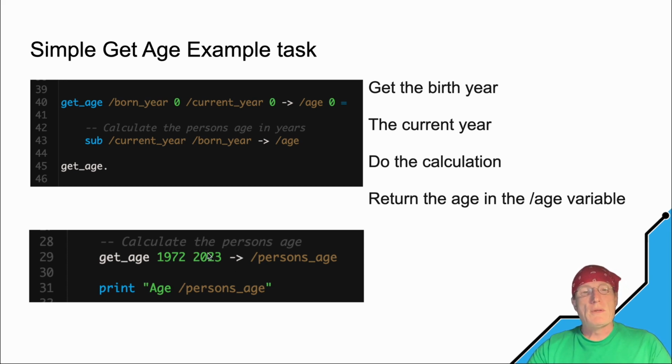We are then doing the task, doing this calculation, and pushing that value into a new variable called person's age. The result of that work is pushed into person's age, and then we print it. That is how return values and tasks work.